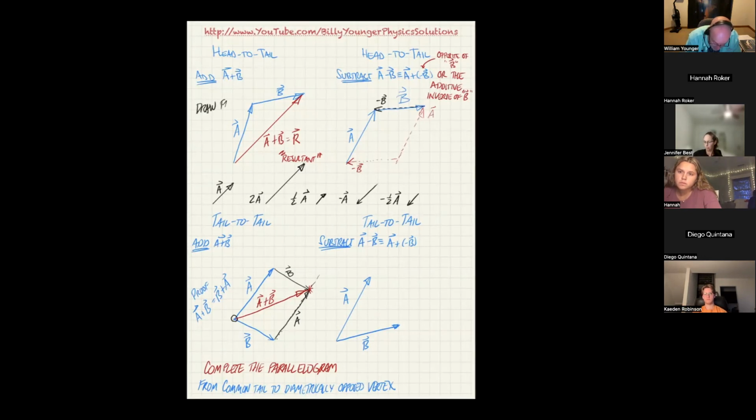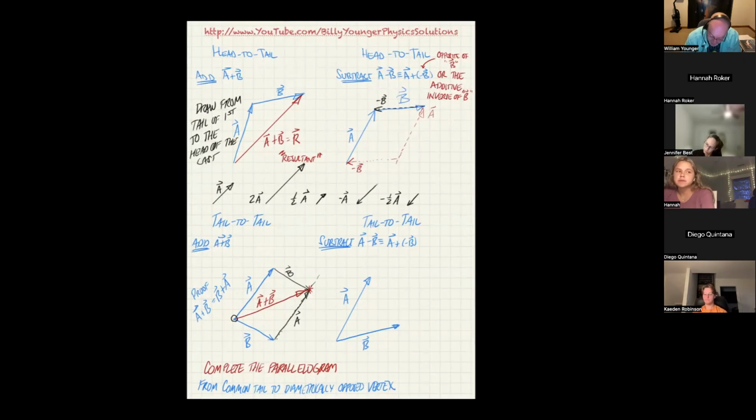Draw from the tail of the first to the head of the last vector.